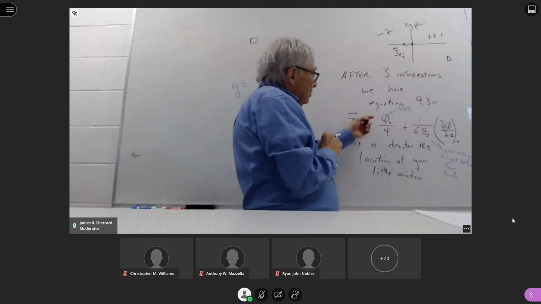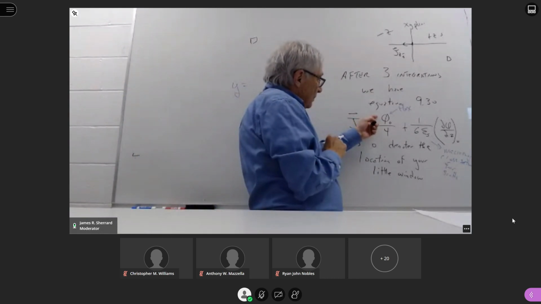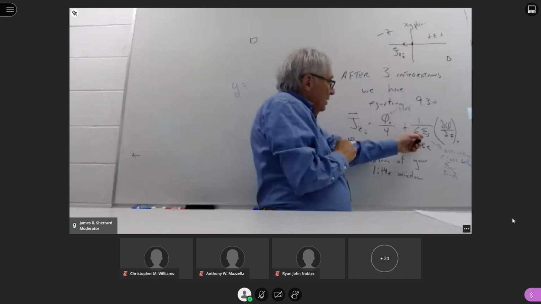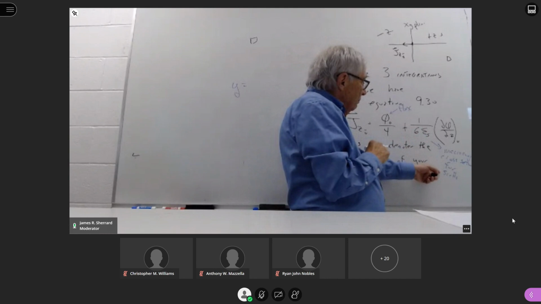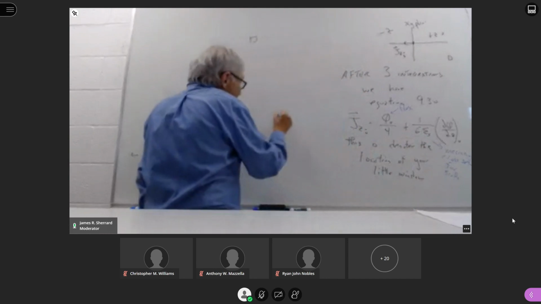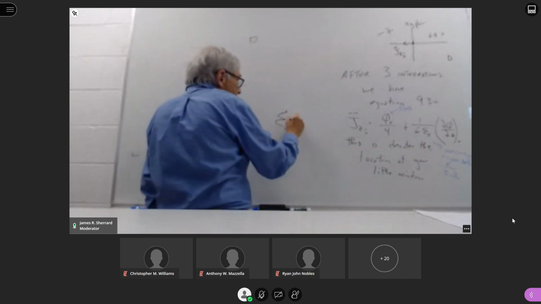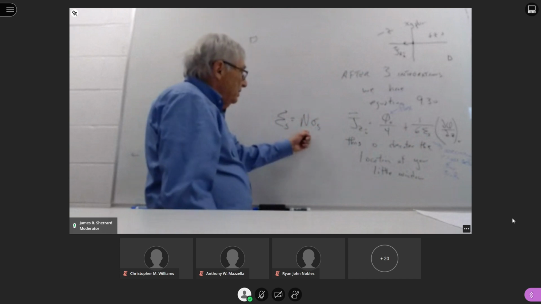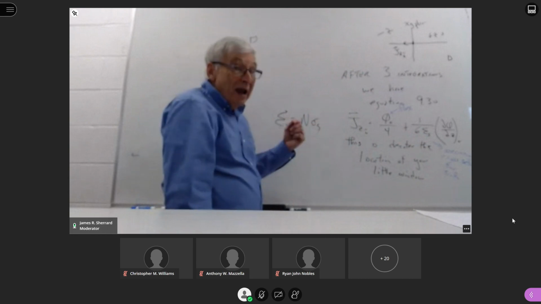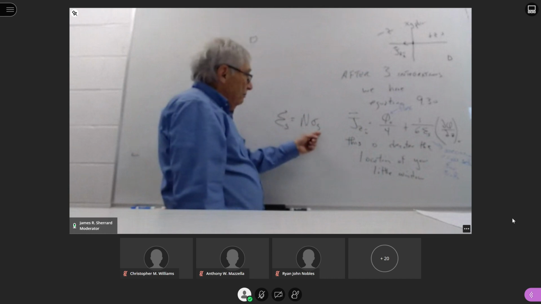Then, going back to this is your flux. This is the macroscopic cross-section for scattering. And remember, it's equal to the number density times the microscopic cross-section for scattering.